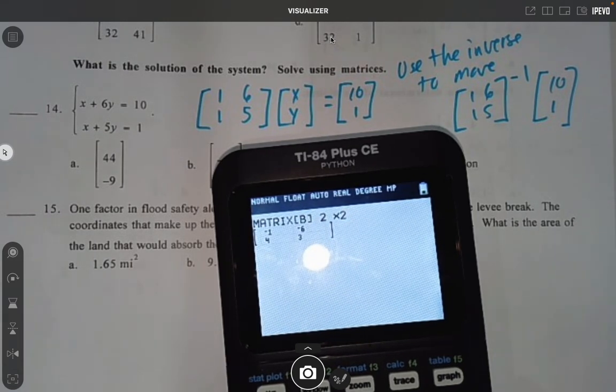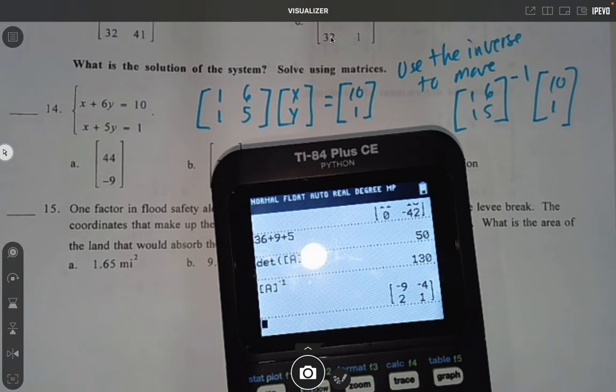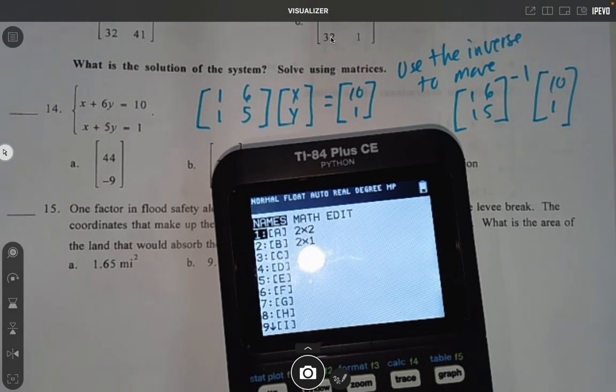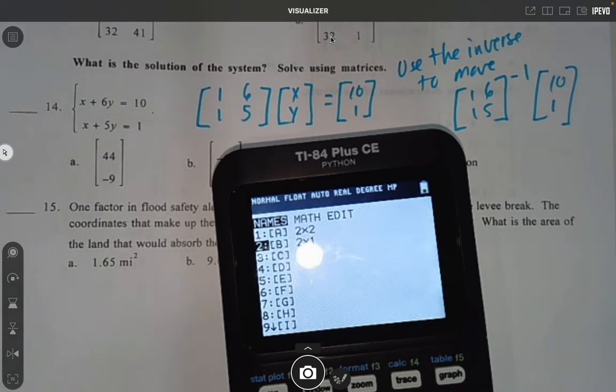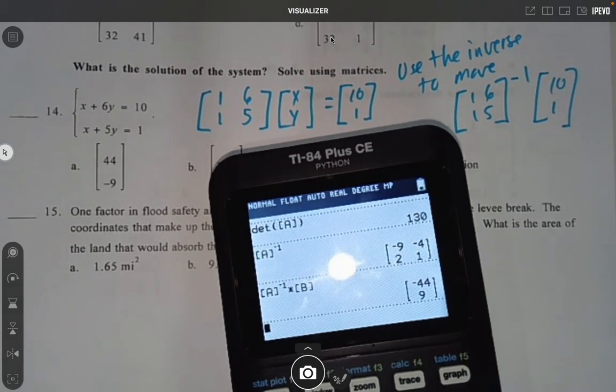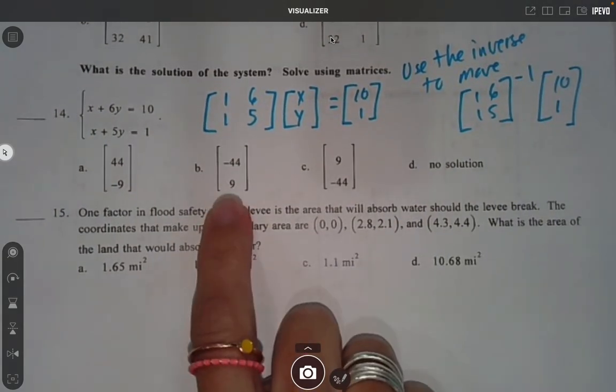And then this one is a 2 by 1. So did everybody get theirs entered in? So I'm going to say matrix A inverse times matrix B. Go down to B. And there it is. Your X is negative 44 and your Y is 9. B.